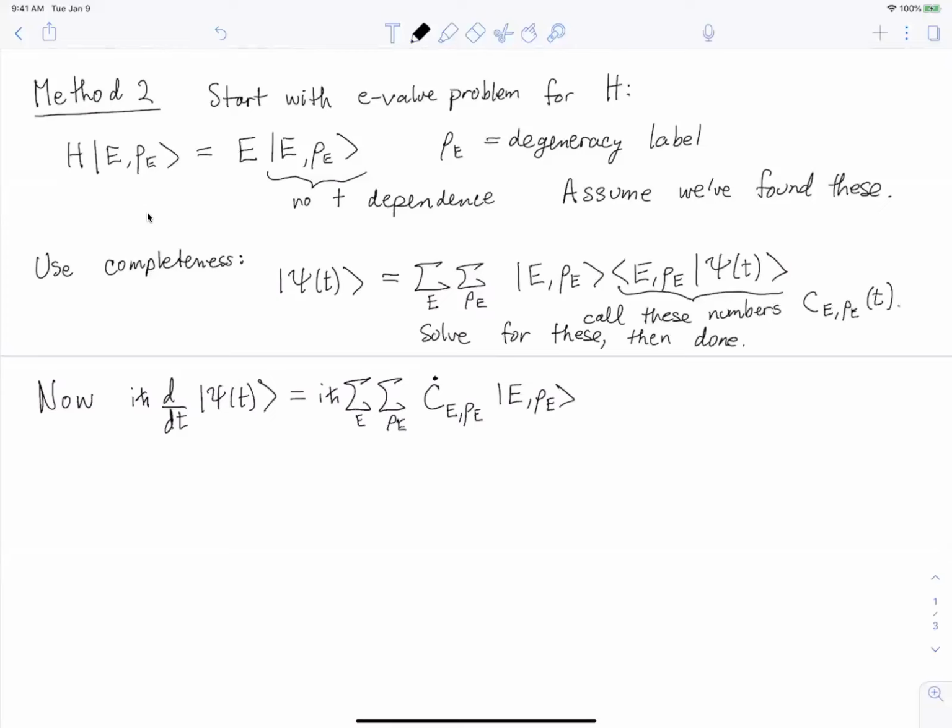They do depend on energy. Okay, so I have no contribution from the time derivative acting on them. That's supposed to equal the Hamiltonian acting on the same state. But that we can write as sum over energy, sum over degeneracy label. Whenever the Hamiltonian acts on an eigenstate of energy, it just gives E. So I can write here E times the coefficient C sub E, rho sub E times the ket E, rho sub E.